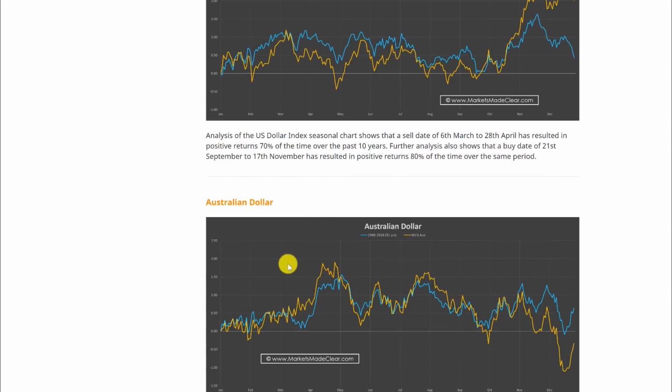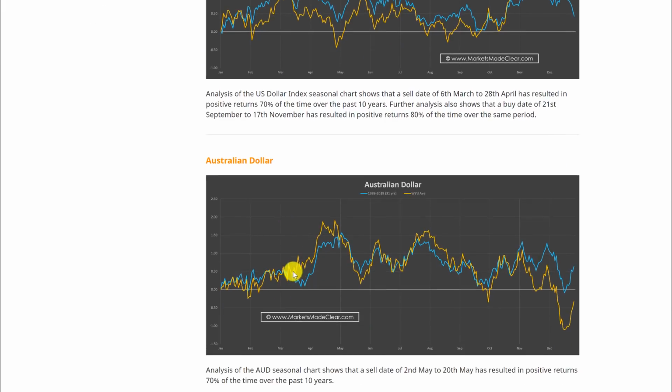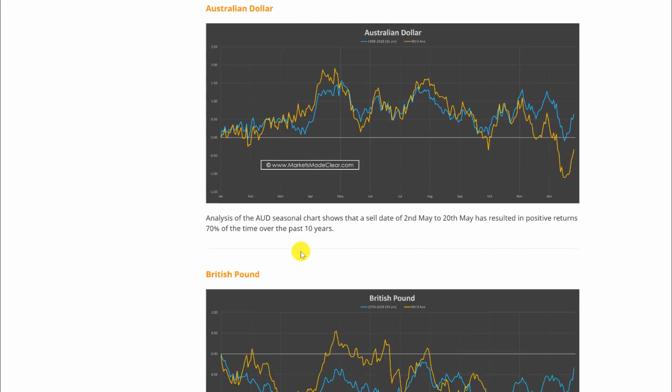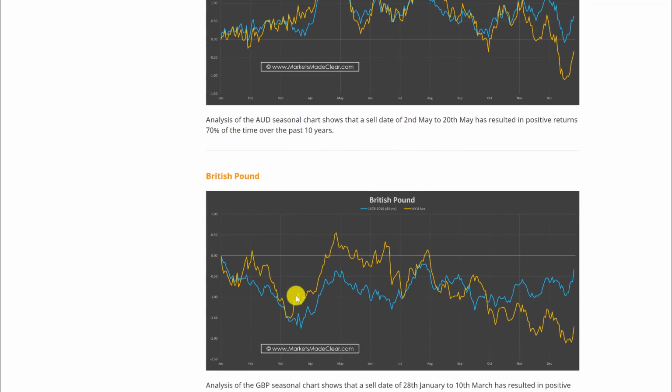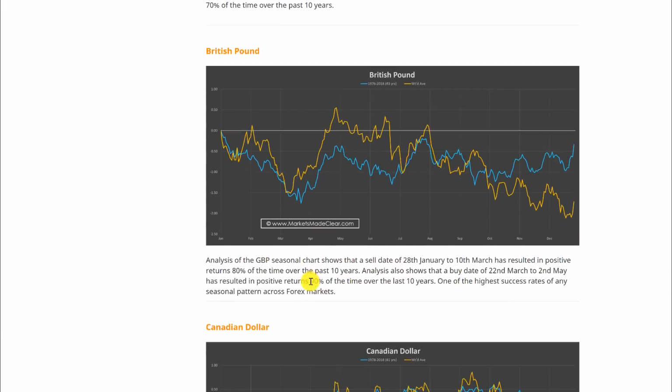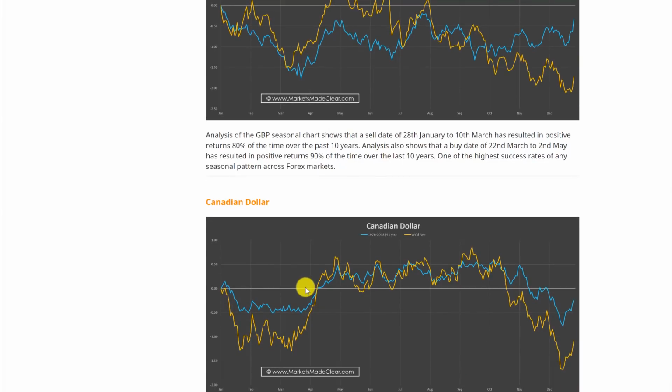If I just scroll down through here, you'll see the Aussie as well, a bit messy through March, but again we start to see a lot of momentum as we head into April. The pound as well, quite messy through March, and again the momentum picks up through April. So you're seeing a theme here across the majority of our major currencies.